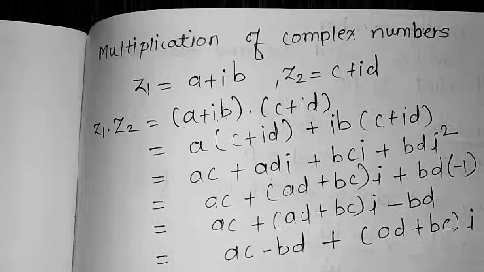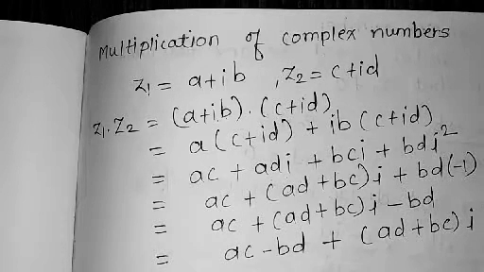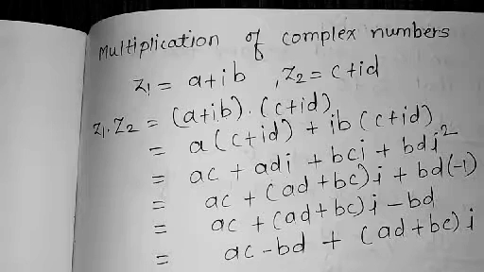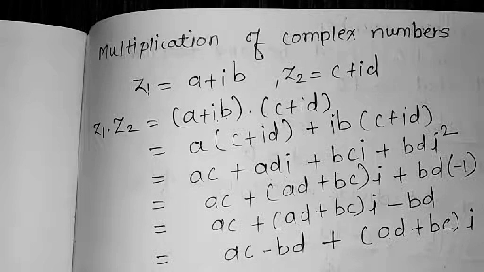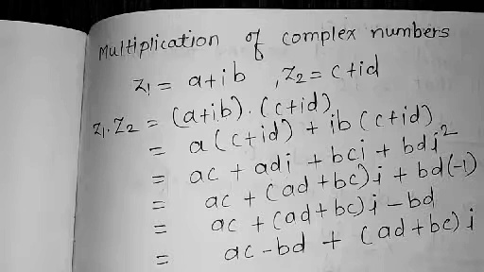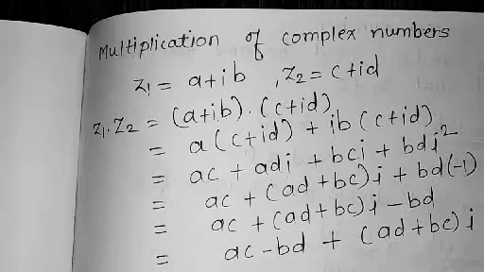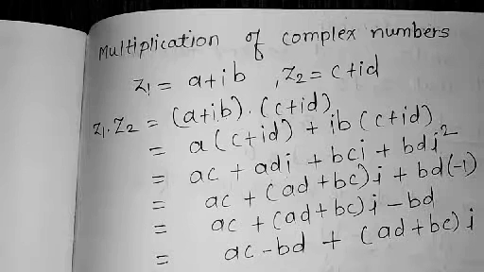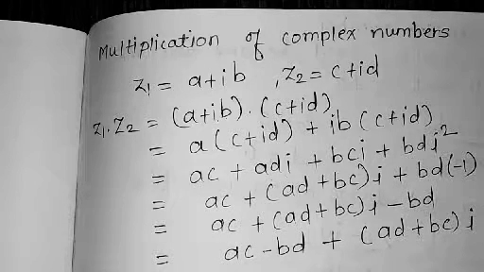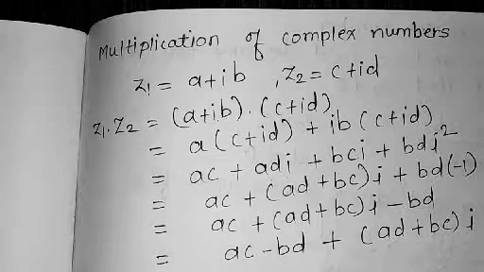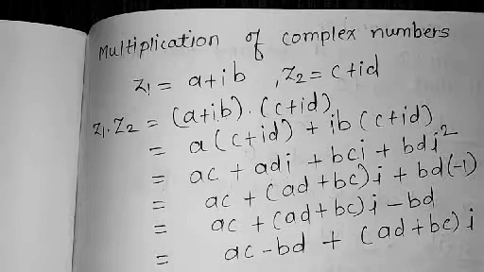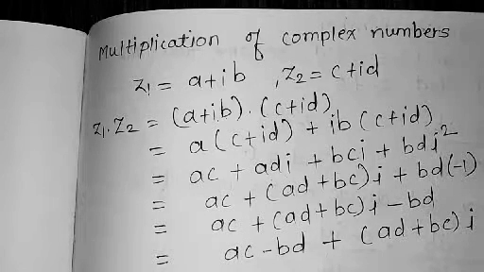For this, consider any two complex numbers, that is z1 is equal to a plus ib and z2 is equal to c plus id. So we have to multiply these two complex numbers as z1 dot z2, or we can say z1 into z2, which is equal to (a plus ib) into (c plus id).